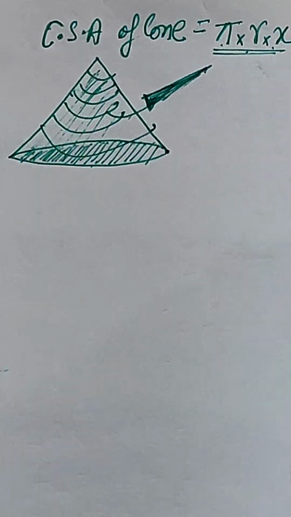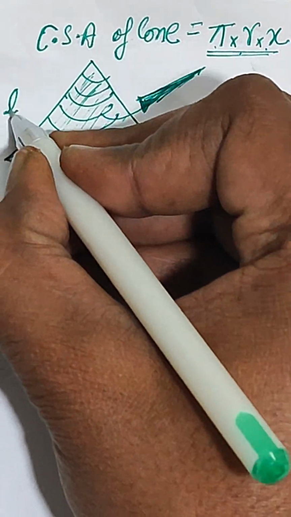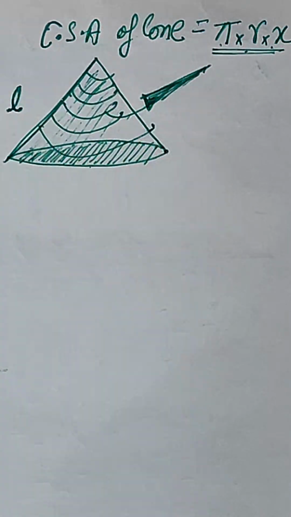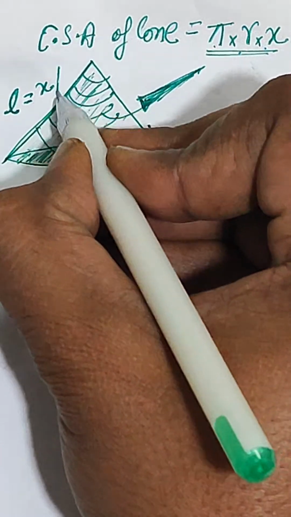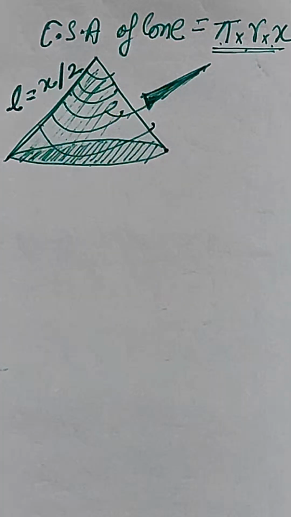It's given that the curved surface area of a cone of slant height x by 2, and it's also given that this slant height, which is equal to L, this slope, is equal to x by 2.